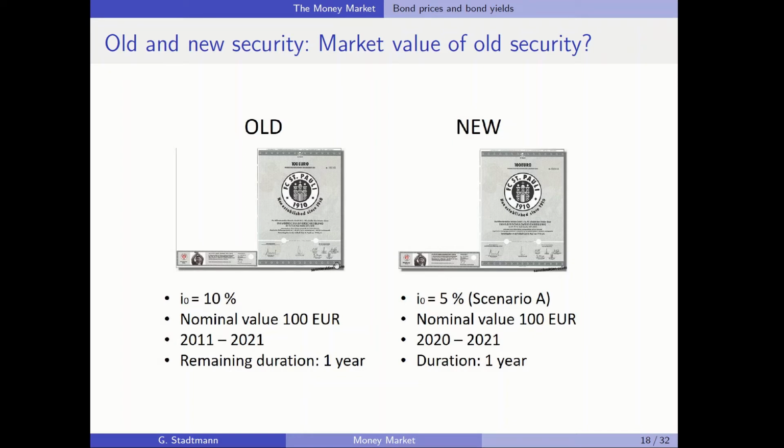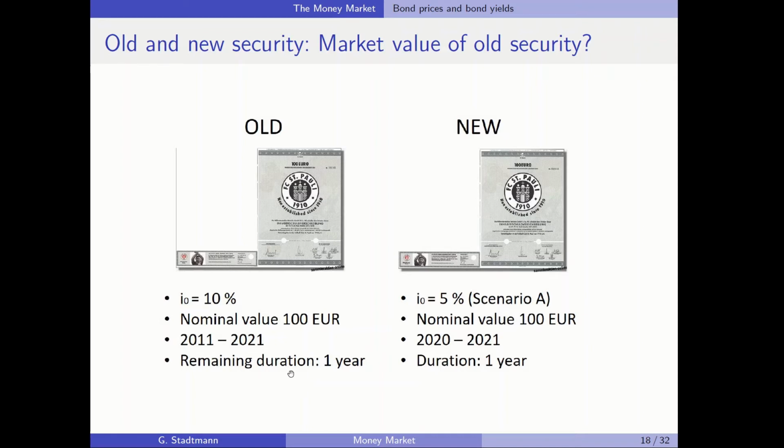Let's assume that your grandma is giving you a gift, like a bond. It is this bond here, the old one. It's a Christmas gift, an old bond which was issued in the year 2011, and it has a duration until 2021.